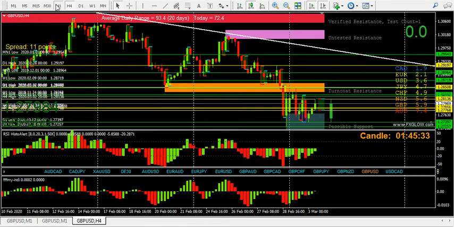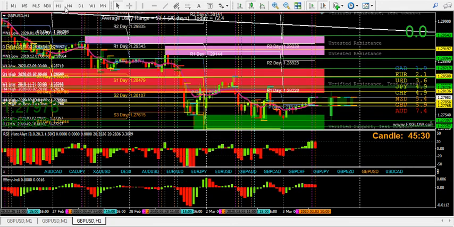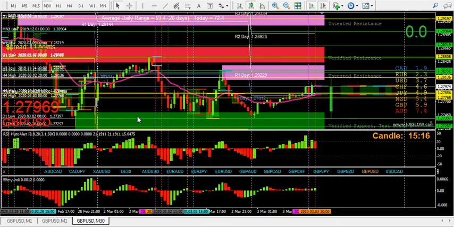I'm not a top and bottom picker yet. This histo might help us with that, as I mentioned in a previous video, but that's a work in progress, and one I'd really like to kill, if you like. I'd love to be able to pick those tops with precision.